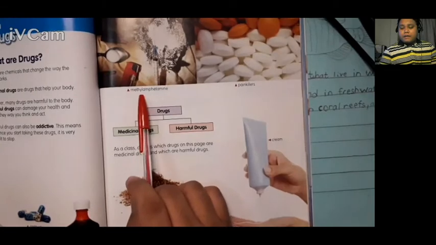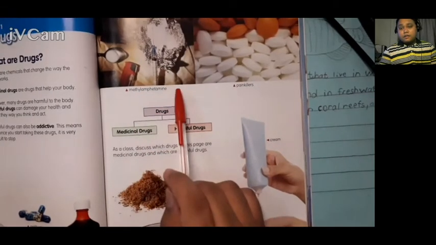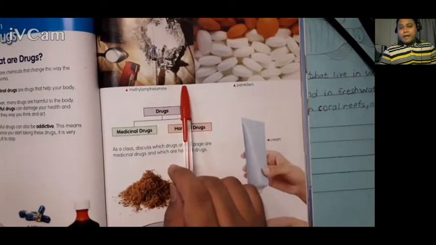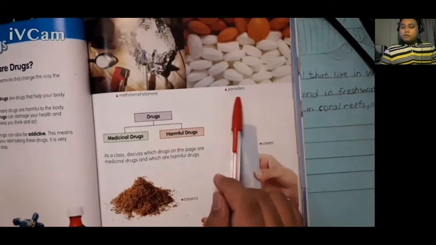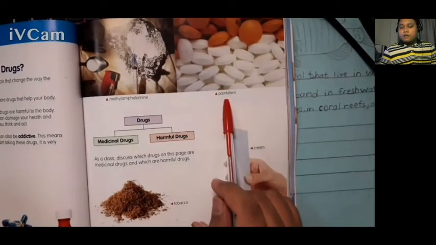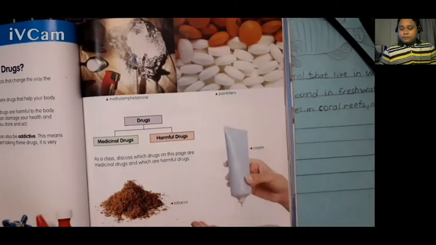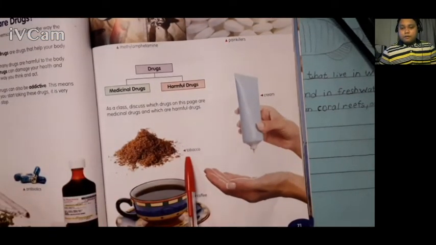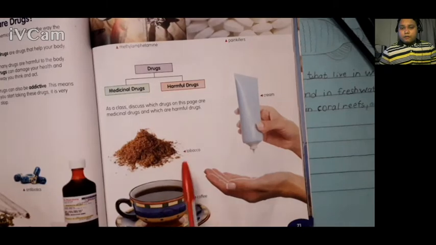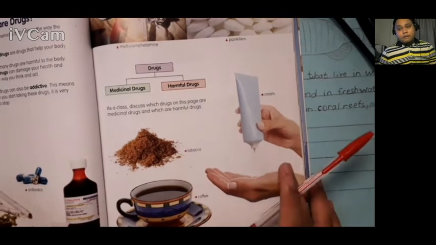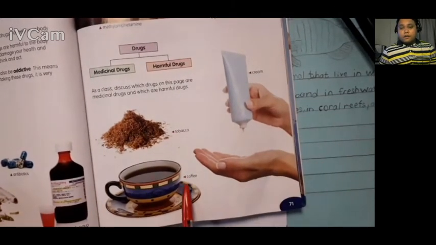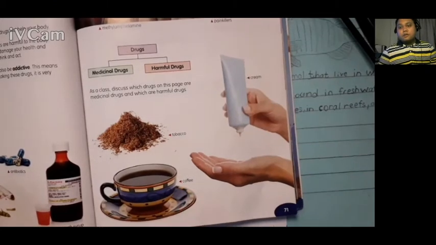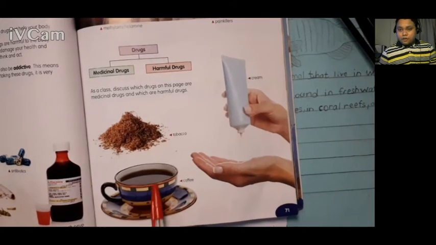Okay, so we have here one example up here. We have methylamphetamine. This is actually considered a bad drug. We have here painkillers. This is actually a good drug. We have here tobacco. We can find this in cigarettes. It's actually a bad drug. Coffee is actually a drug, which is a good drug.